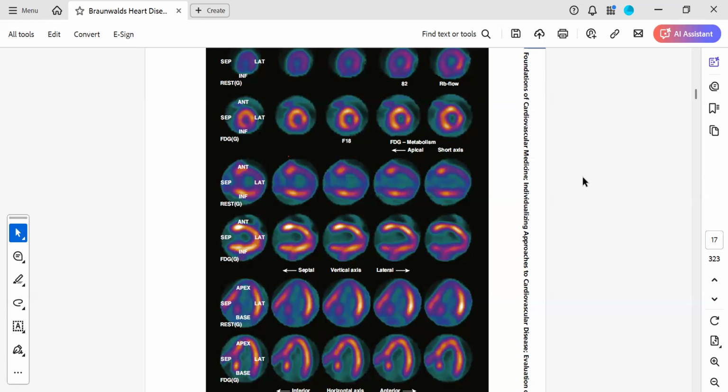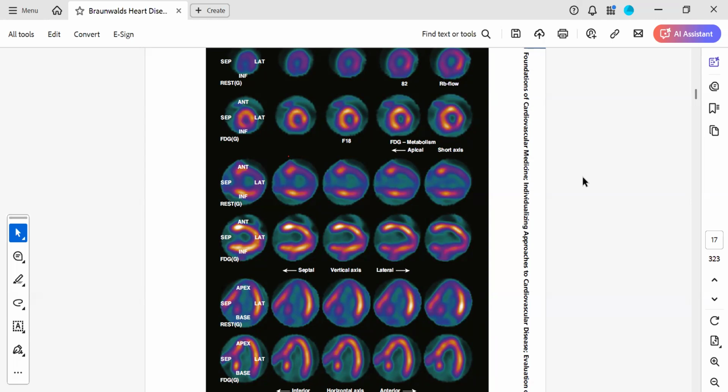So what we're trying to say in essence is that if you want to do a stress PET or stress SPECT, you can actually do it by giving a pharmaceutical agent which we mentioned before, adenosine, regadenosine, or dipyridamole. That is going to stress the myocardium, right? And you are checking for perfusion defects, stress.